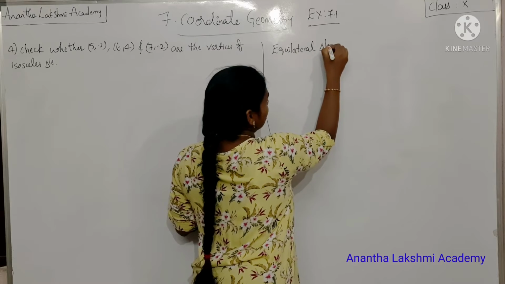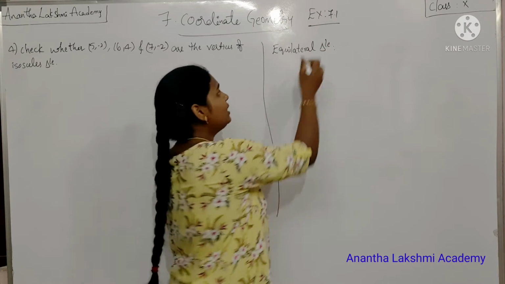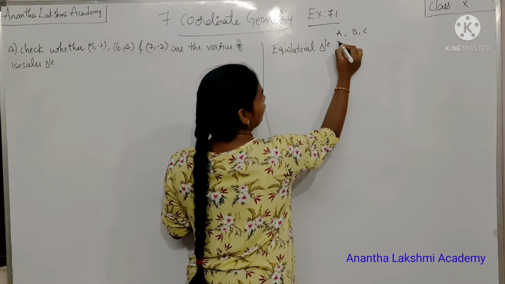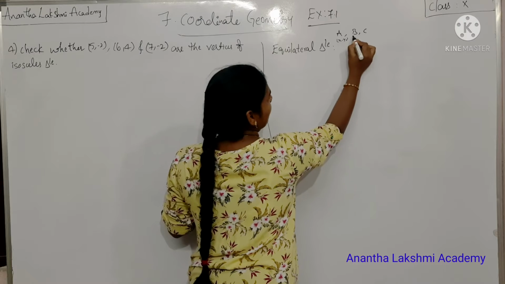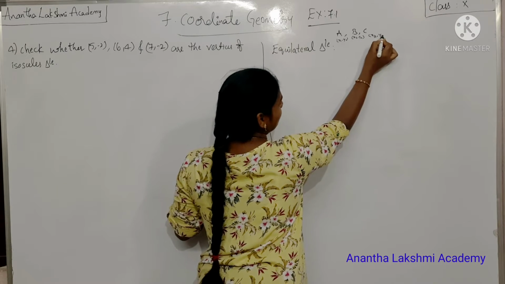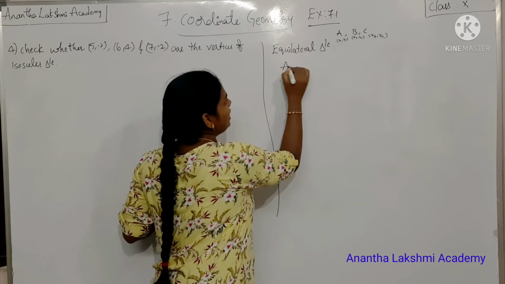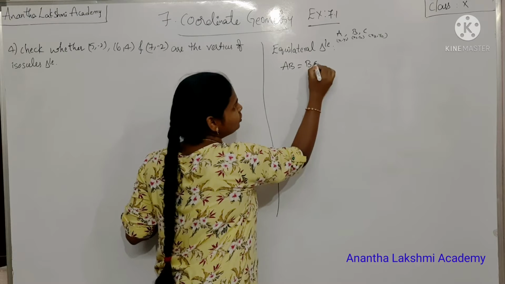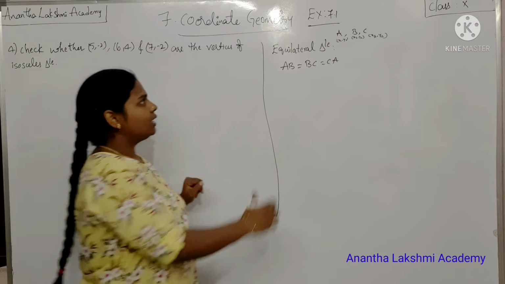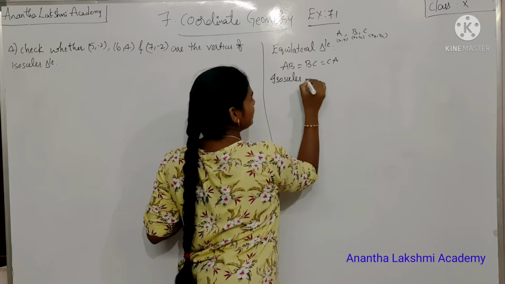If it is an equilateral triangle, given points A, B, C of x1, y1, x2, y2, x3, y3. What is the condition for an equilateral triangle? AB equal to BC equal to CA, all three sides should be equal, right?